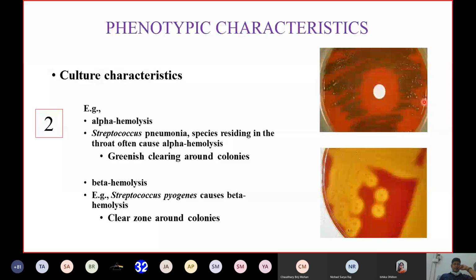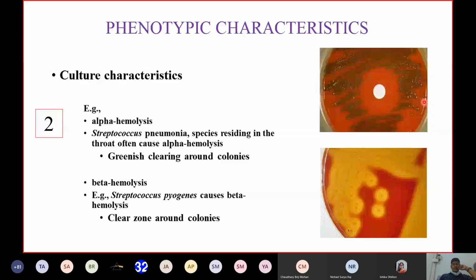See here, this is an entire round or circular colony. Here that regularity is lost, irregular. Here Serratia marcescens have regular colonies and they have produced a pigment, prodigiosin, a red color pigment. That's why it is looking red.